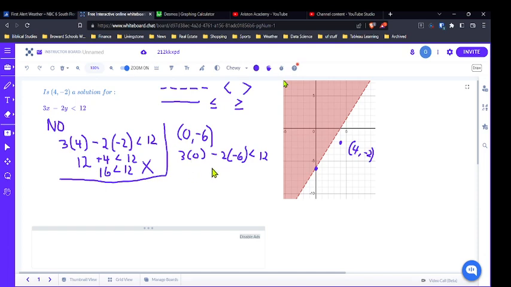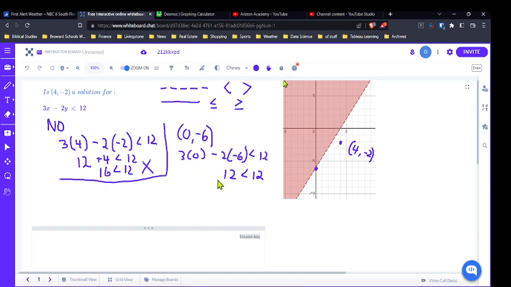All right, well, 3 times 0 is 0. Minus 2 times -6 is plus 12. Okay, less than 12. So is 12 less than 12? No, it's not. It's equal to 12, but that's not what it's asking for. If this said, is 12 less than or equal to 12, then yes. But if it was less than or equal to, it would also have one of these solid lines.